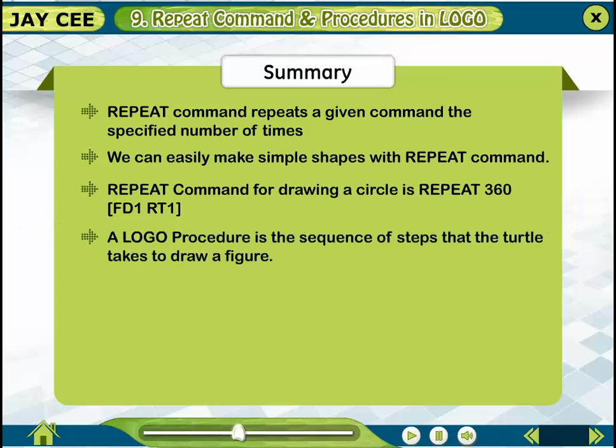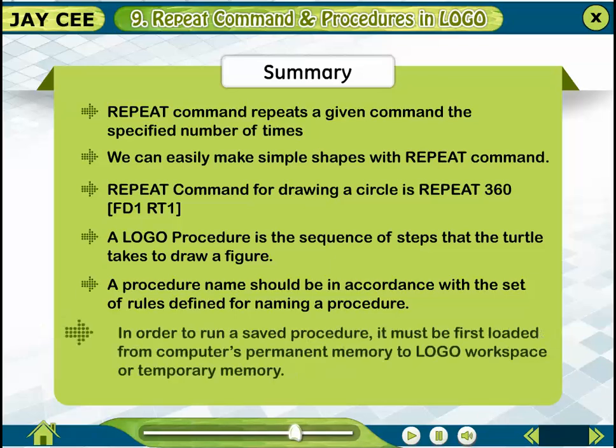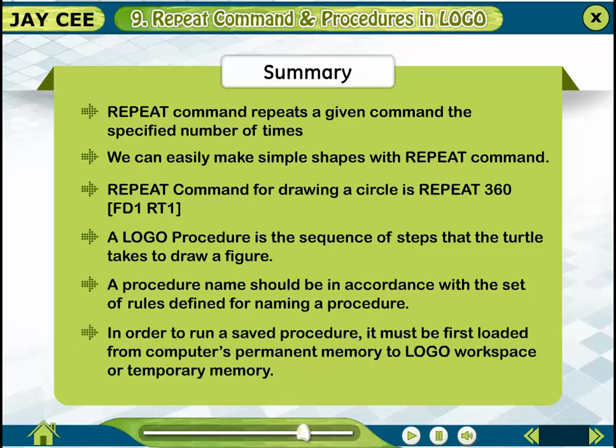A Logo procedure is the sequence of steps that the turtle takes to draw a figure. A procedure name should be in accordance with the set of rules defined for naming a procedure. In order to run a saved procedure, it must first be loaded from the computer's permanent memory to Logo Workspace or temporary memory.